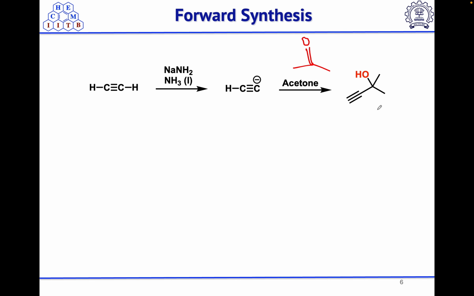Okay. So what will be the next step? If you remember correctly, you need to get some carbonyl group here. When we saw the molecule, we discussed that it is an alpha hydroxy ketone.